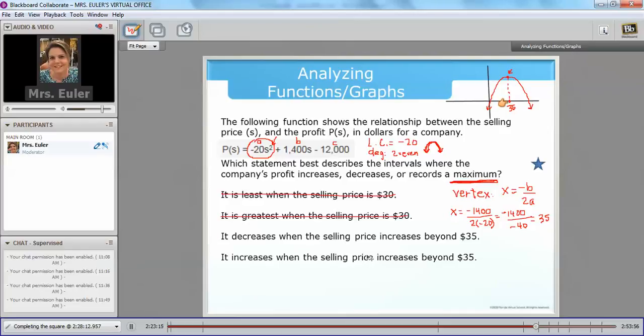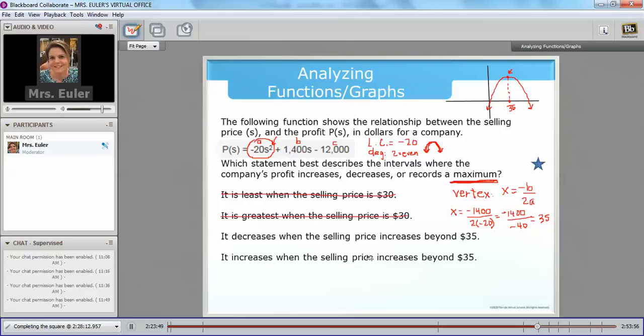Here's 35. 35 is going to increase this way. When the price increases past 35 or increases beyond 35, what is happening to our profit? This graph is showing me that my maximum is at 35 and then my profit is decreasing. And that's what this is saying. It decreases when the selling price increases beyond 35. So that would be our answer choice right there, C.